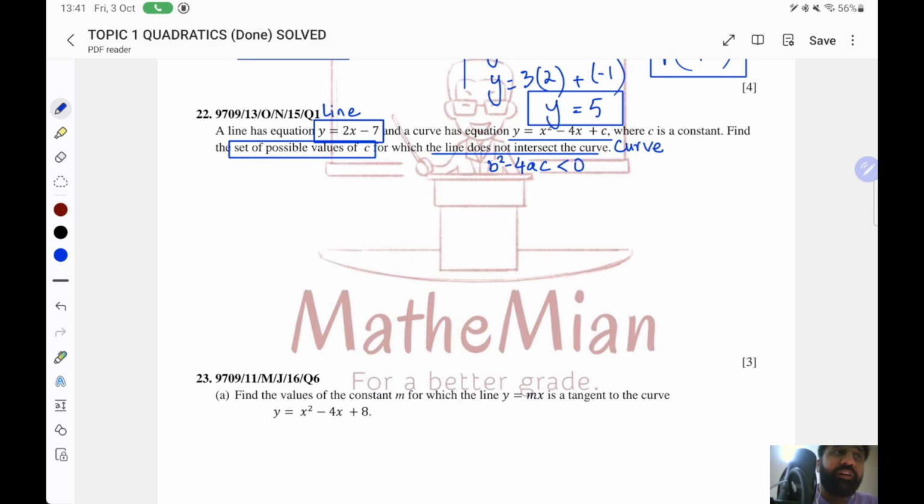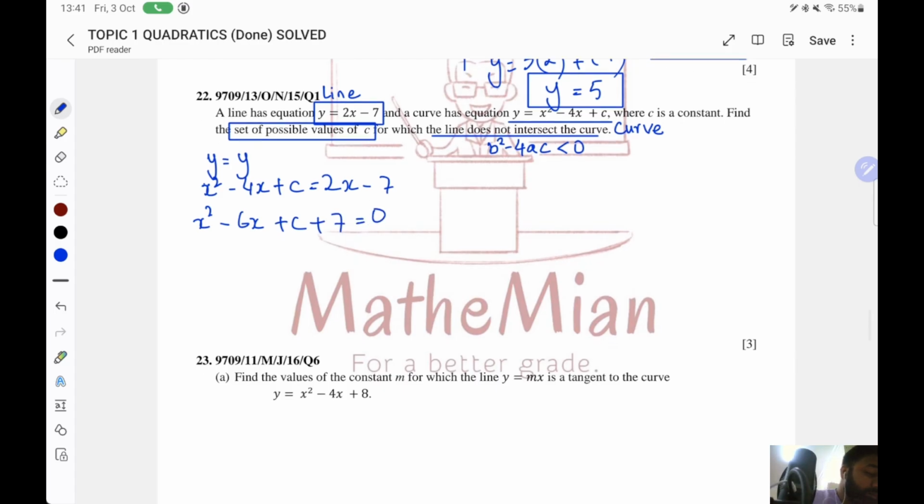So point of intersection, y equals y, and that means x squared minus 4x plus c will be equal to 2x minus 7.